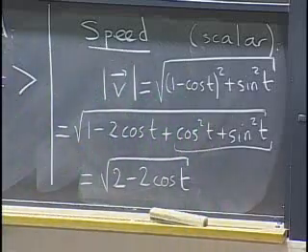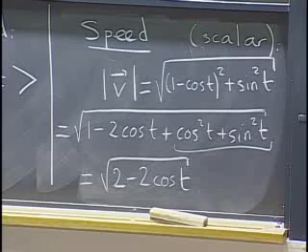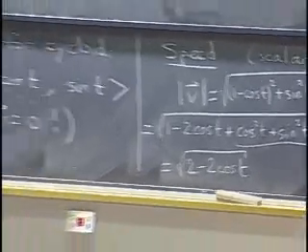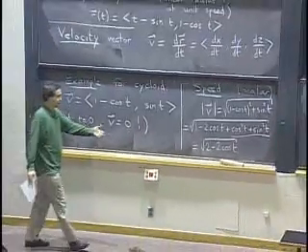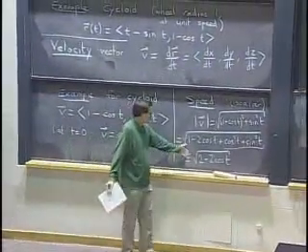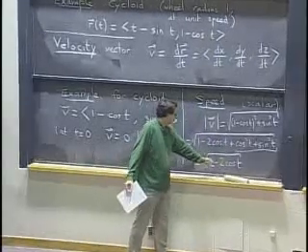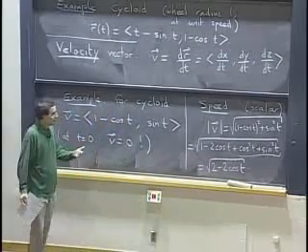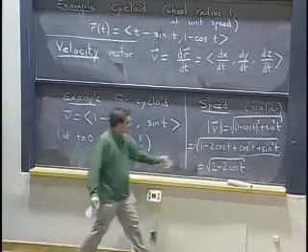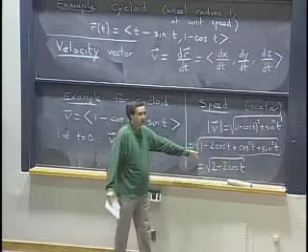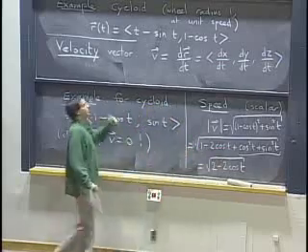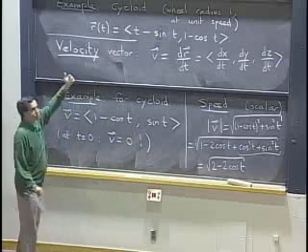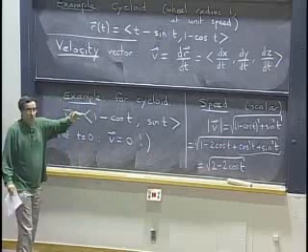So at this point, if I were to ask you when the speed is the smallest or the largest, you could answer based on that. At t equals 0, that turns out to be 0. The point is not moving. At t equals pi, that ends up being the square root of 2 plus 2, which is 4. So that's 2. And that's when you're actually at the top of the arch, when the point is moving the fastest.